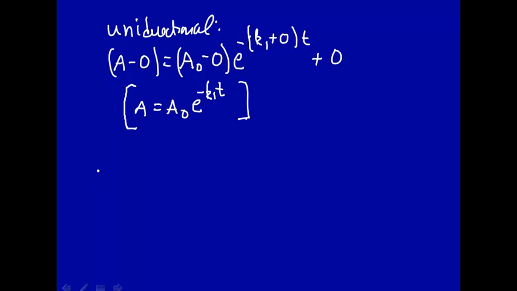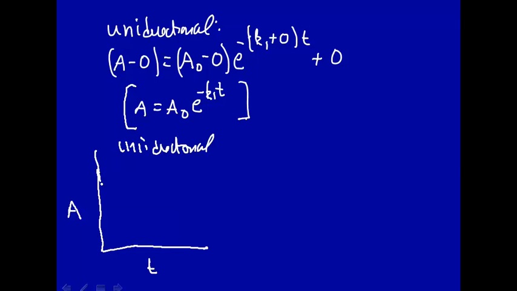So let's see what these look like. Let's make a plot of A versus time. For the case of unidirectional, A will decrease to 0. At infinite time, you'll have no A left. This will decay as e to the minus K1 t, and initially, at time equals 0, you have a concentration A0.